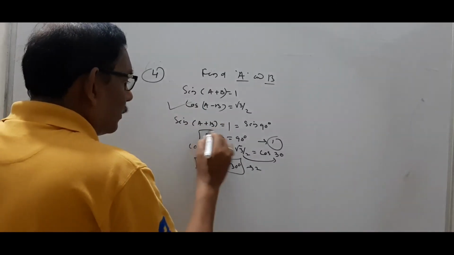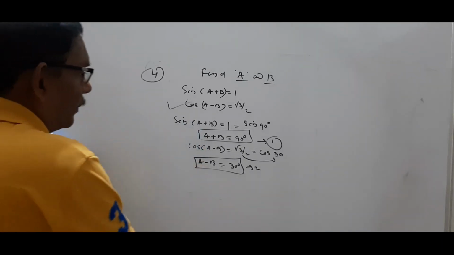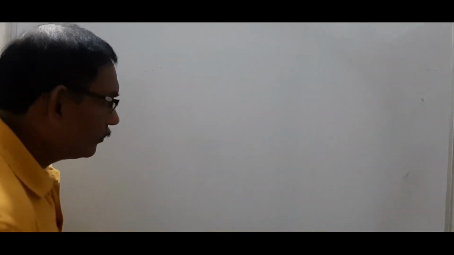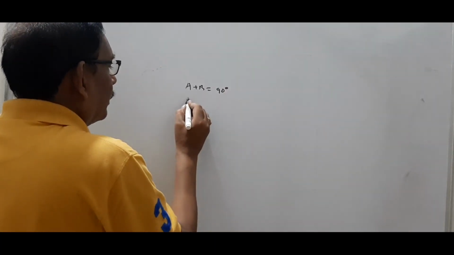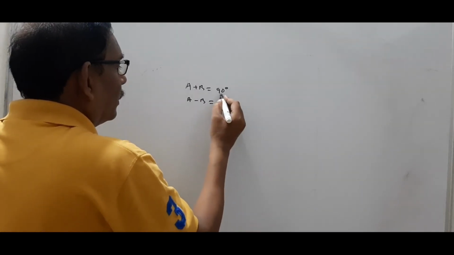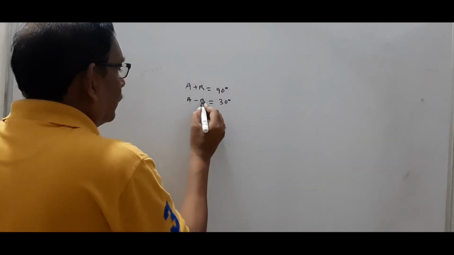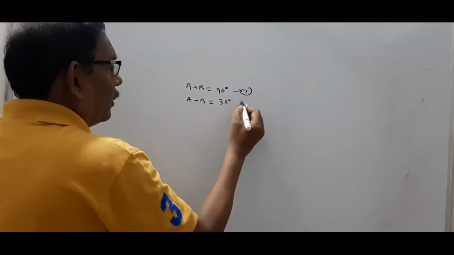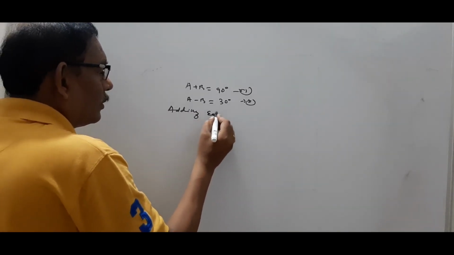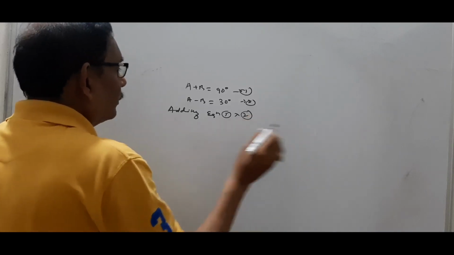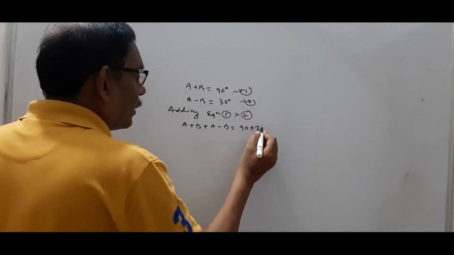Solving these two equations to find the values of A and B. A plus B is 90, A minus B is 30 degree. Adding equations 1 and 2: A plus B plus A minus B is 90 plus 30.